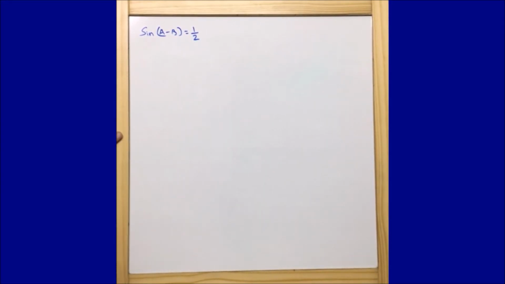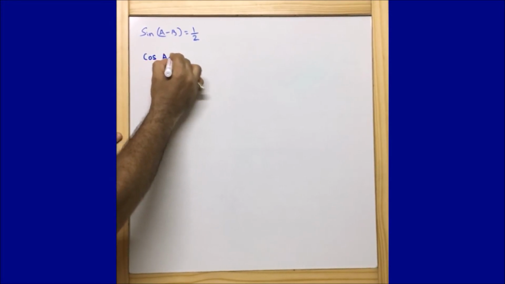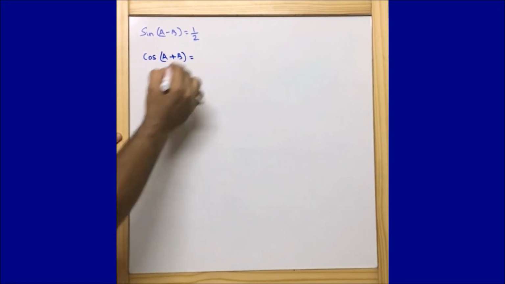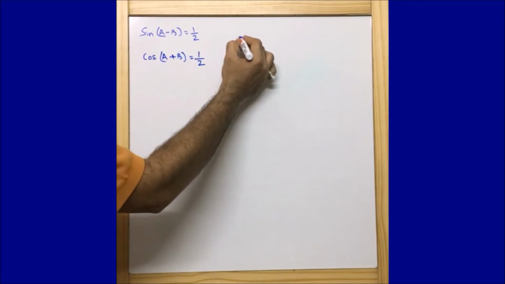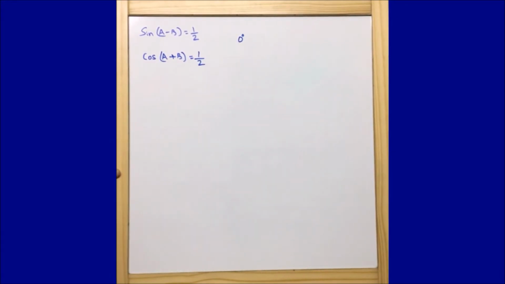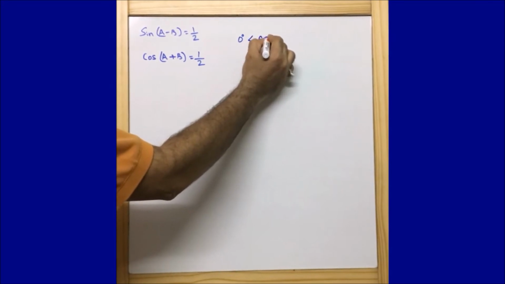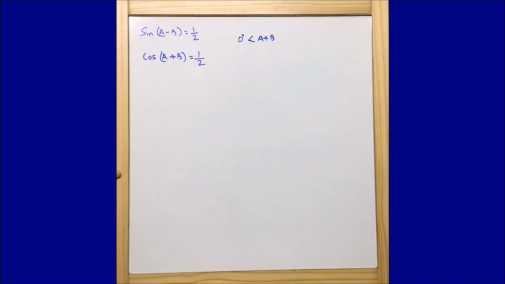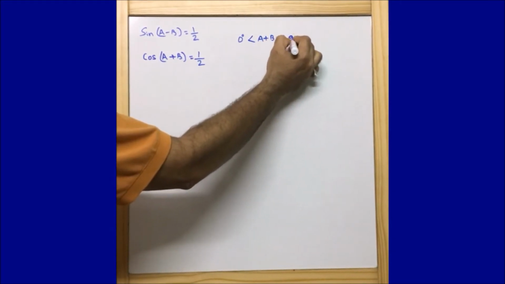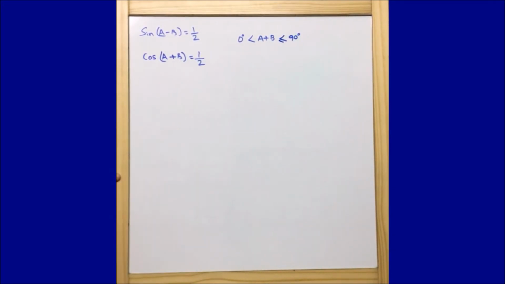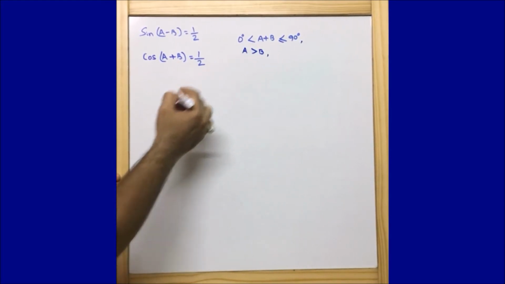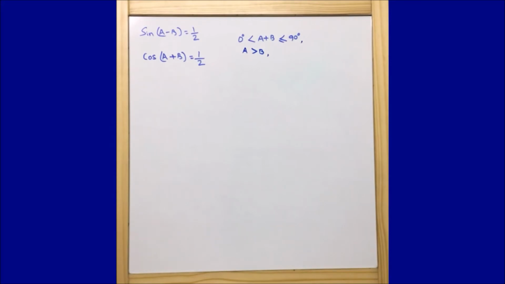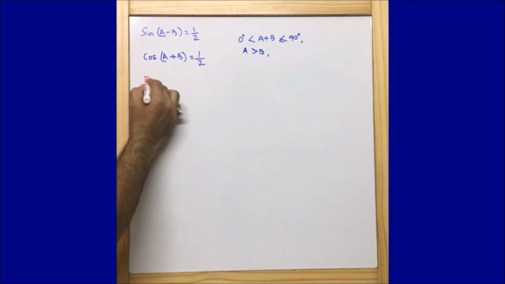The other conditions they have given are that 0 degree is less than A + B is less than or equal to 90 degree, and A is greater than B. We need to find A and B. This is the ask.